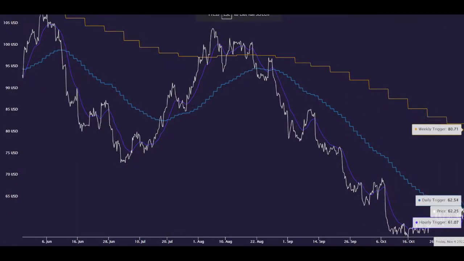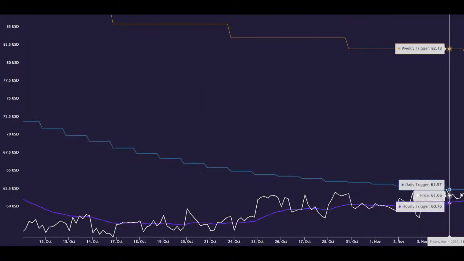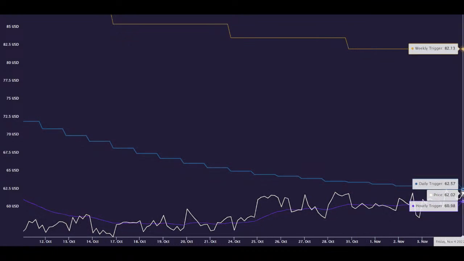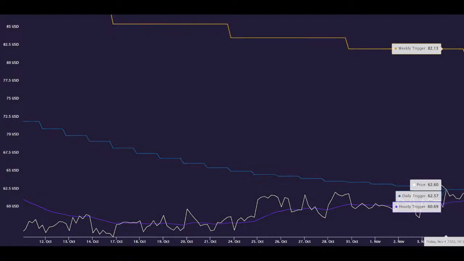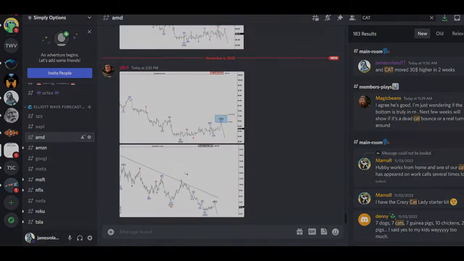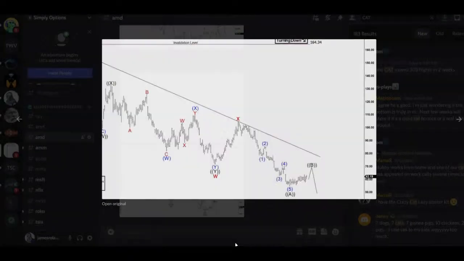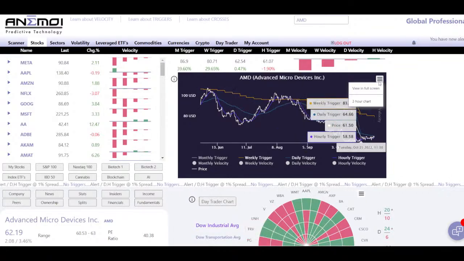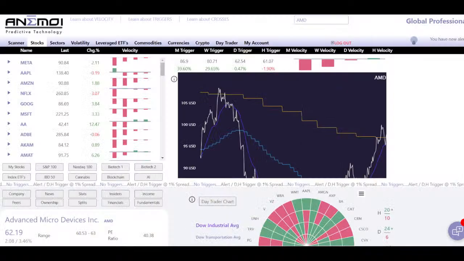So he's saying to 70 and then back down. That makes sense because you could see we're getting really tight here. And if price breaks above the daily trigger, it can shoot towards 80. So if Gavin's waves are telling us that he thinks price can move up to 70 now, price is currently at 62, then we can go long above the daily trigger right here at 62.57 or 62.54.